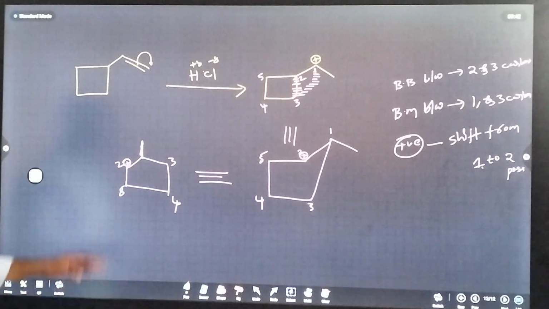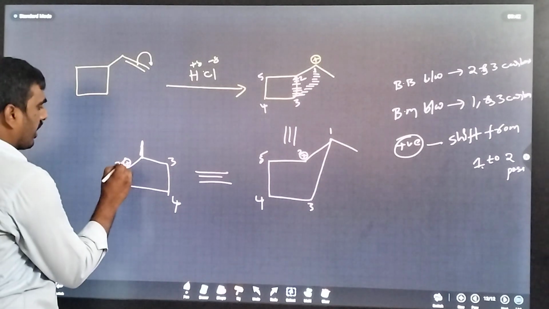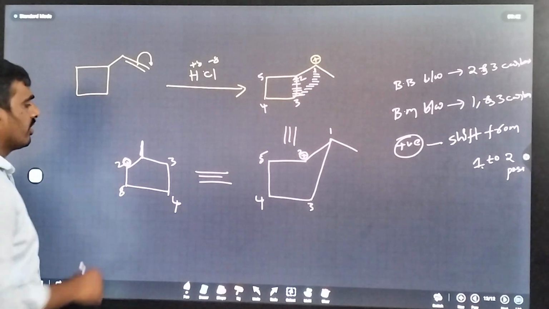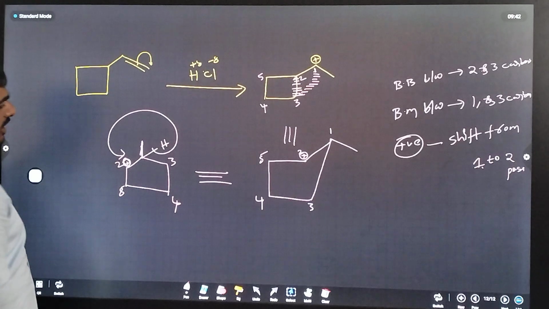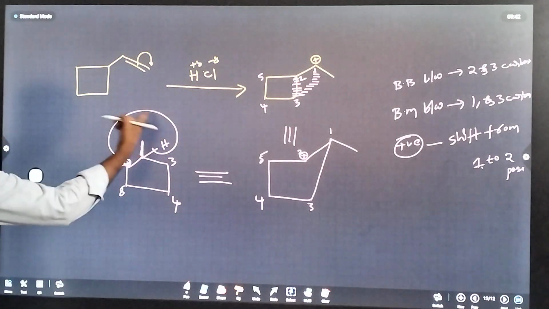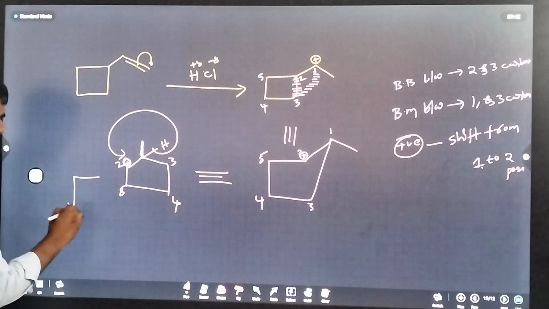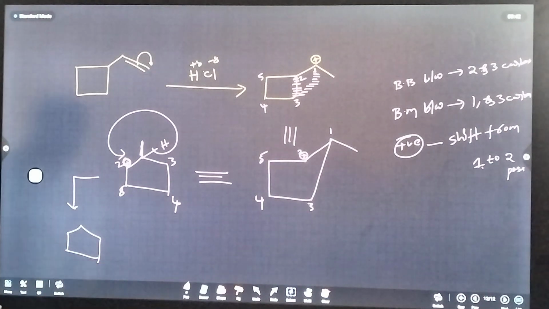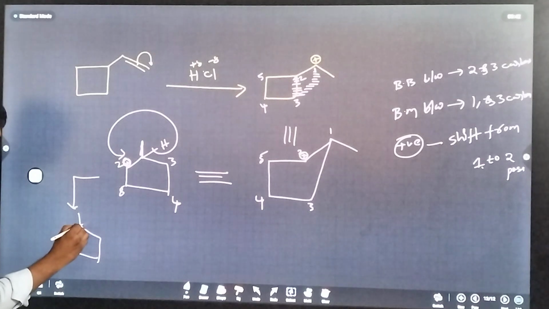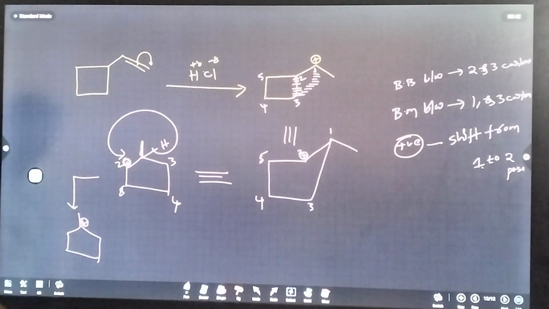We know that this is a secondary carbocation, and a secondary carbocation is less stable when compared to a tertiary carbocation. That's why a hydride ion shift occurs here. H minus shifts to here, and we get a tertiary carbocation.